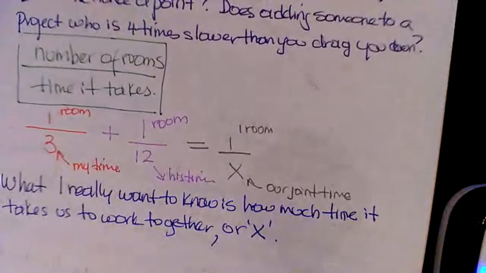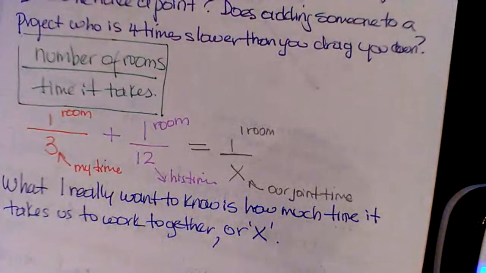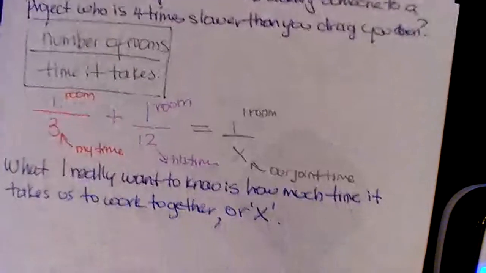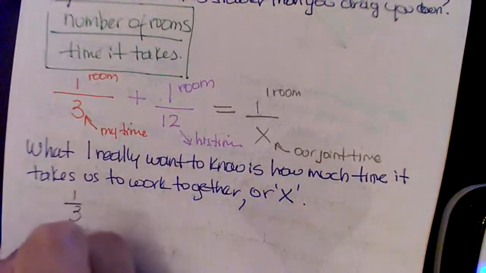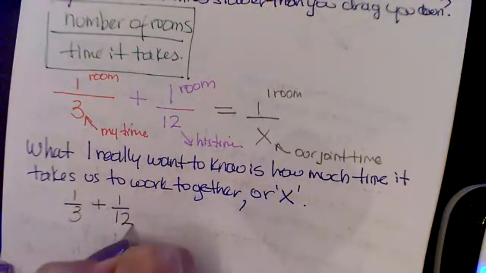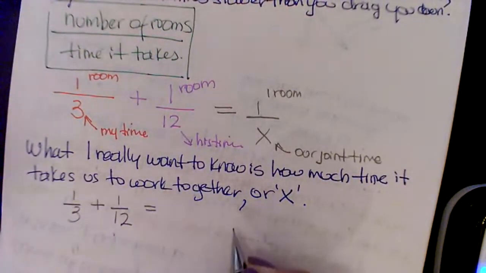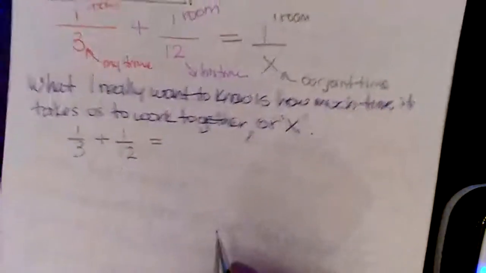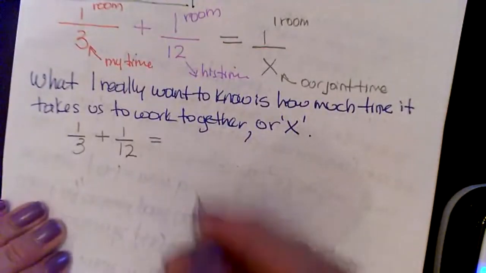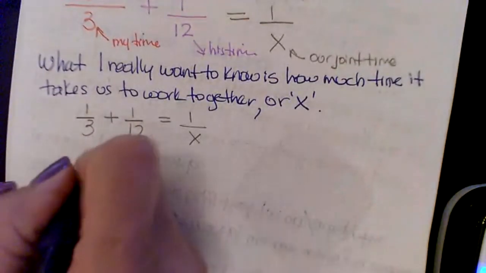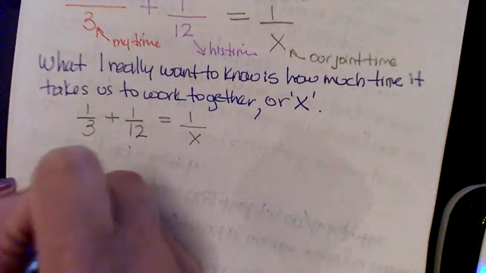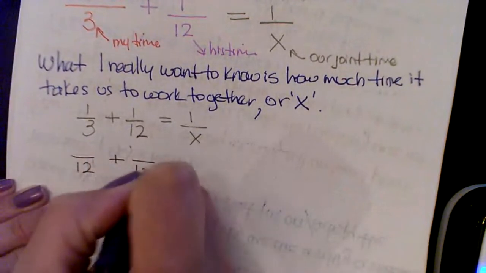Hold on. Okay. So we are going to do 1/3 plus 1/12 equals 1/x. We got to do this part first, right? So my lowest common denominator is going to be 12.